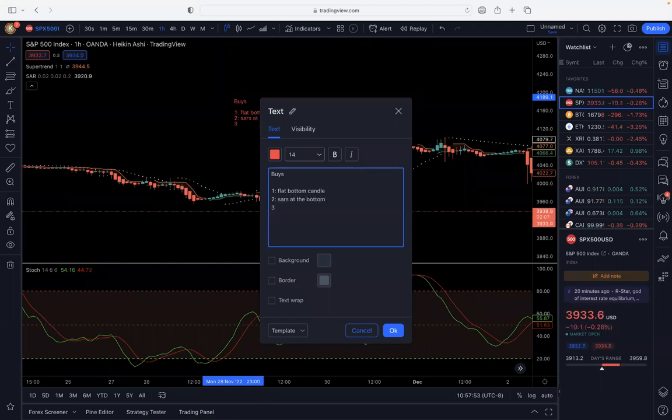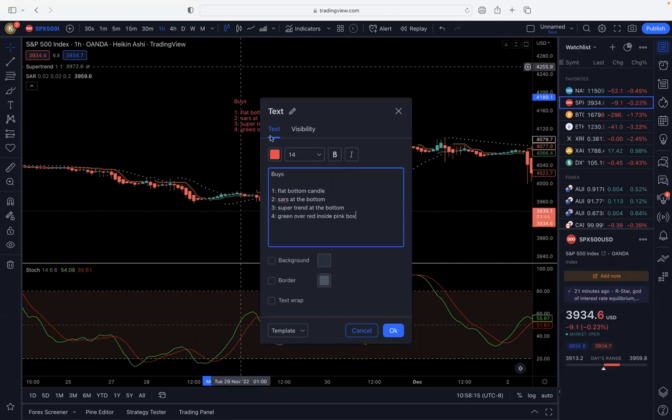Three, super trend at the bottom. Four, green over red inside pink box.